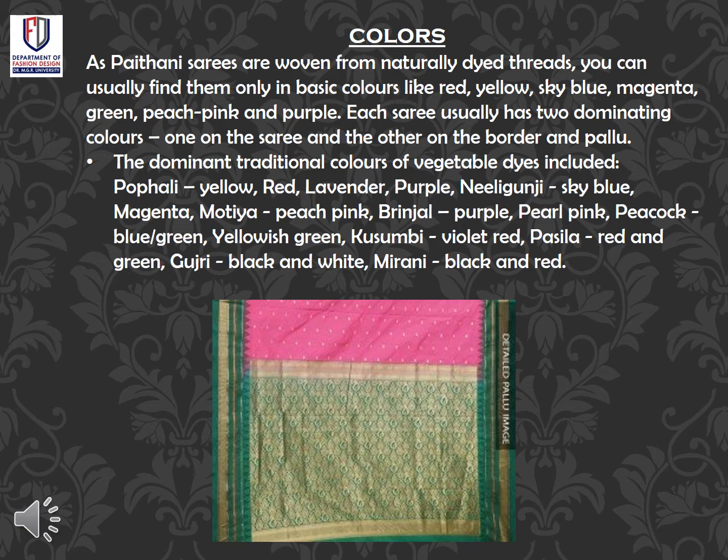The dominant traditional colors of vegetable dyes included Pophali, red, lavender purple, Neeli Gungi, magenta, motiva, brinjal, pearl pink, peacock, yellowish green, kusumbi, pasila, guri, mirani.